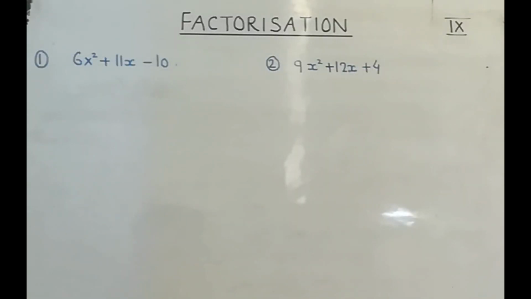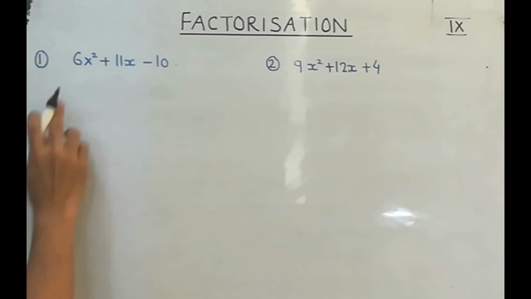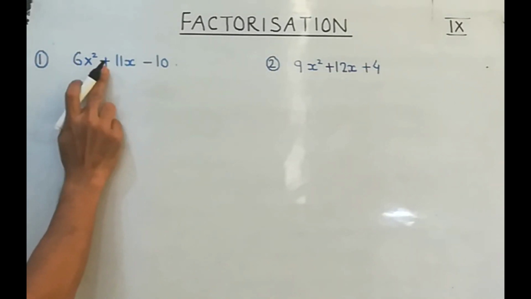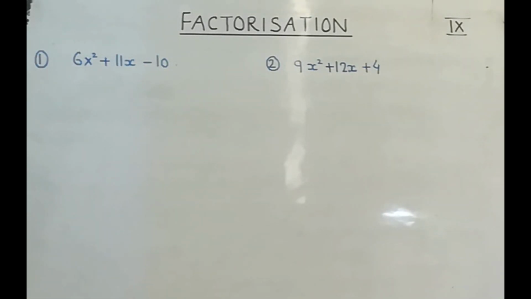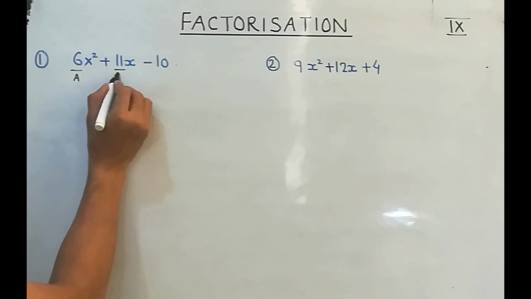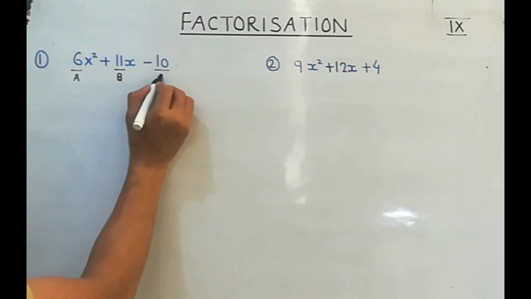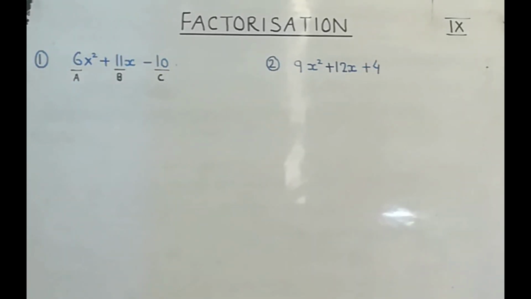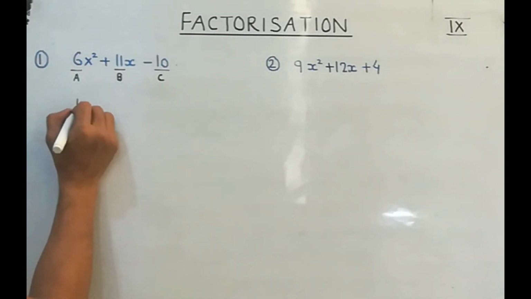Now see this question. In the first question, it is in the form ax square plus bx plus c. So your first step is to find, this is your A, this is your B, and this is your C, minus 10. Now the first step says that you have to find the product AC.